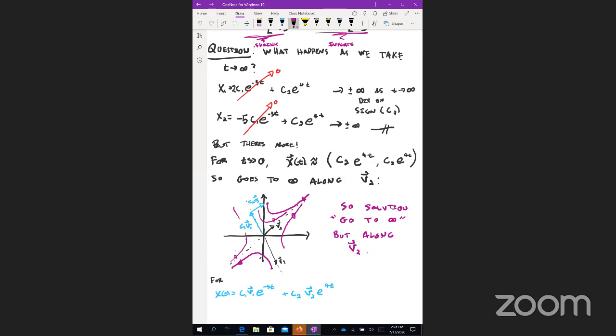So this is called a saddle, or a semi-stable node.